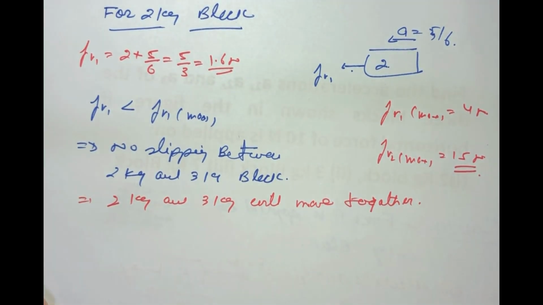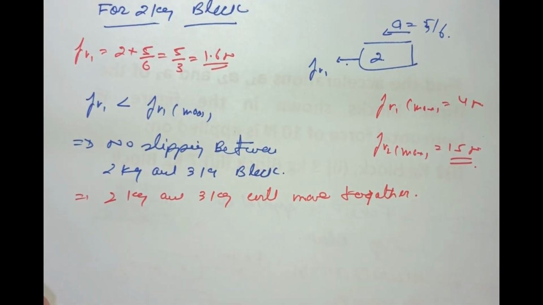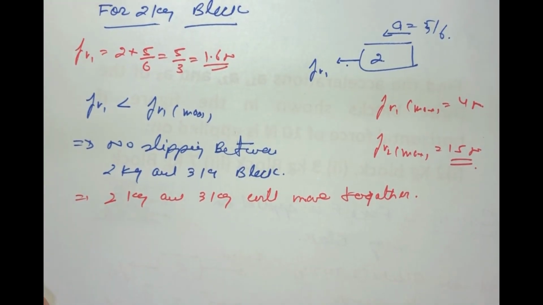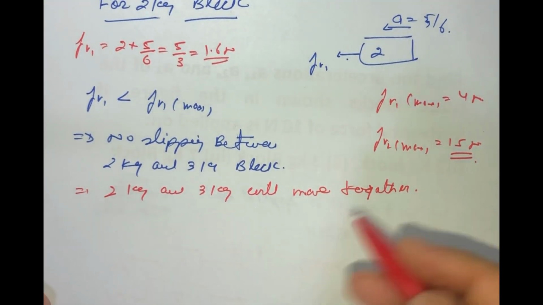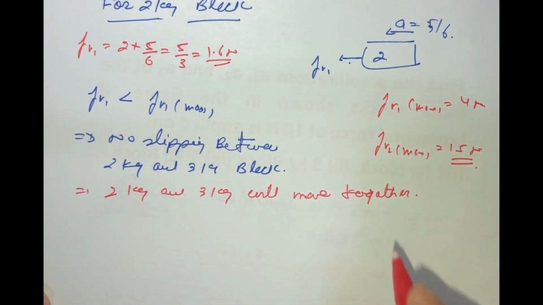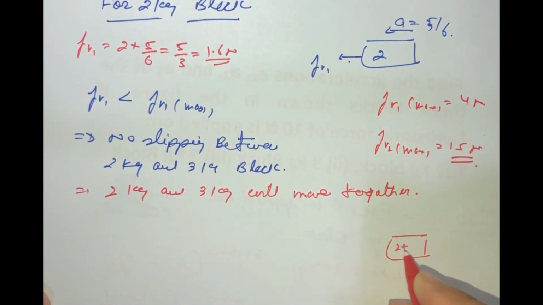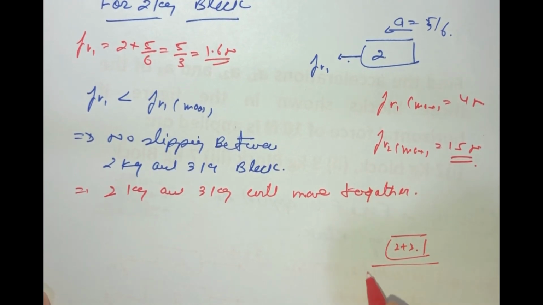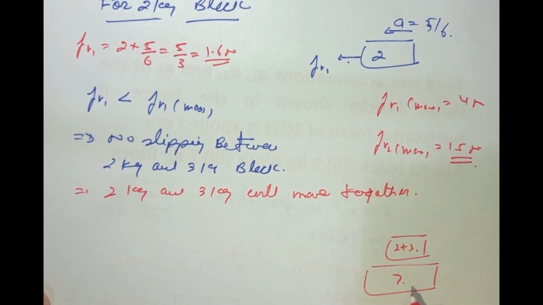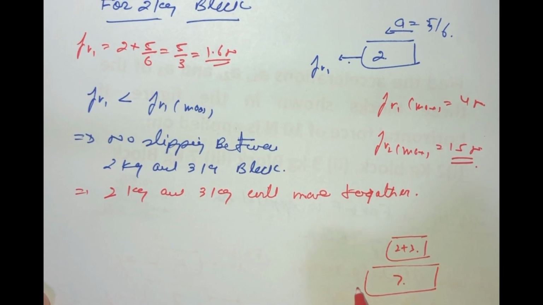Now, if they are moving together, let us find out what will be the value of the friction, that is Fr2. So this will be 2 plus 3, and this here was 7 kg, and a force of 10 Newton is being applied on it.